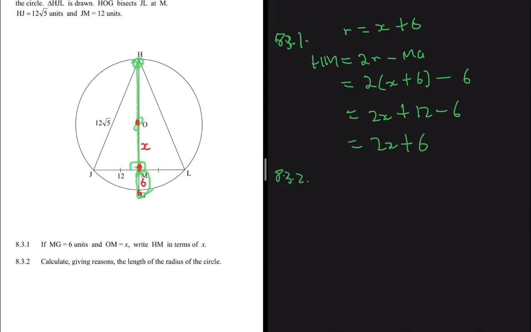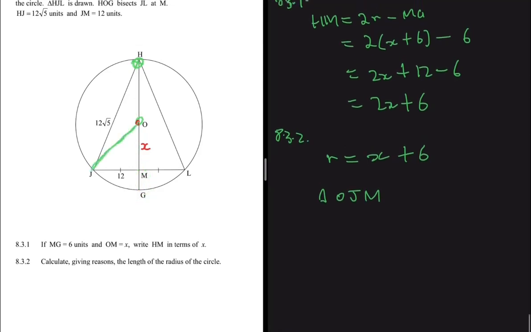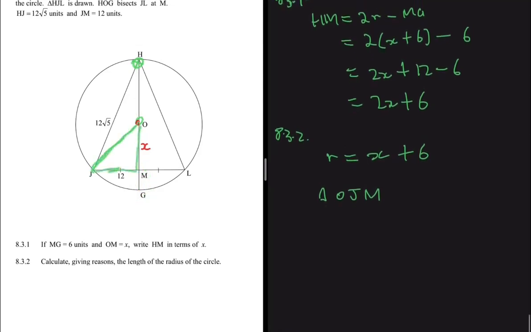8.3.2. Calculate, giving reasons, the length of the radius of the circle. So we already know that the radius of the circle is equal to x plus 6, right? So on this question, we can use triangle OJM, right? Let me just clear something so that we can make it more clear. We are looking at triangle OJM, right?